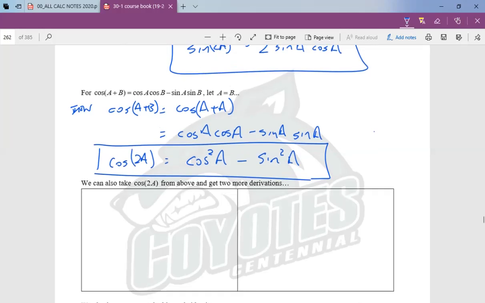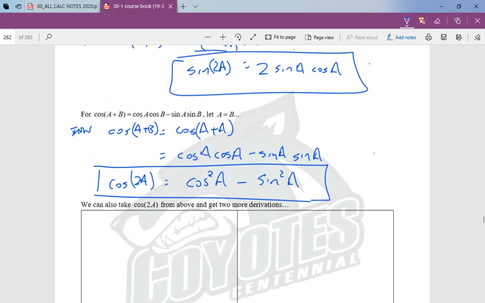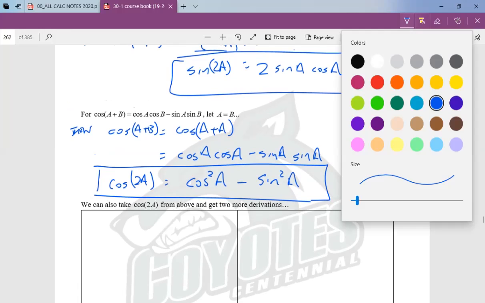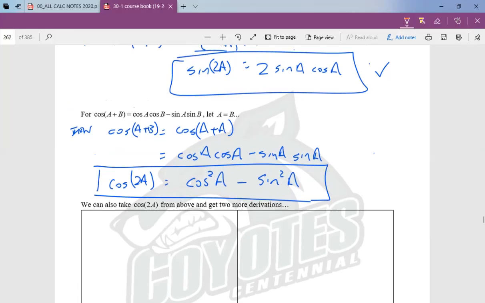Now, we have one for sine and we have one for cosine. But we can use our Pythagorean identities to change what this cosine one looks like. So we have just one formula for sine double angle, but we're going to make more than one formula for cos double angle. Remember that cos squared A plus sine squared A is equal to 1.